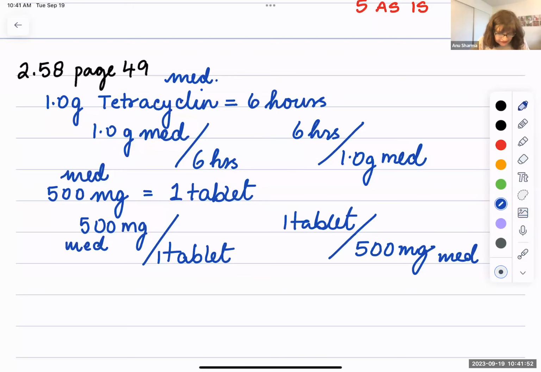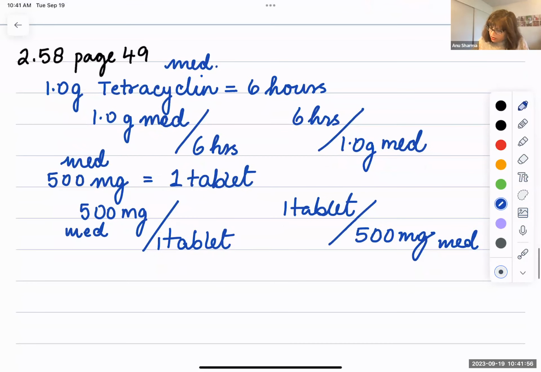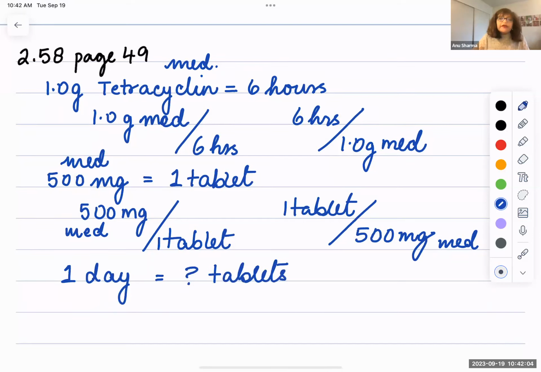Next is, how many tablets will you need for 1 day's treatment?